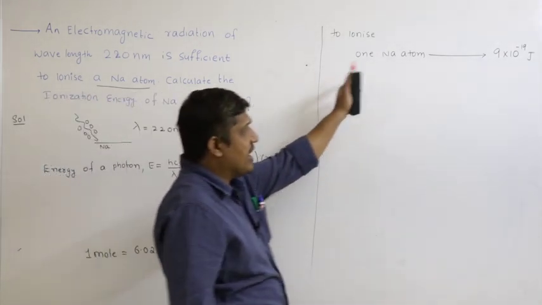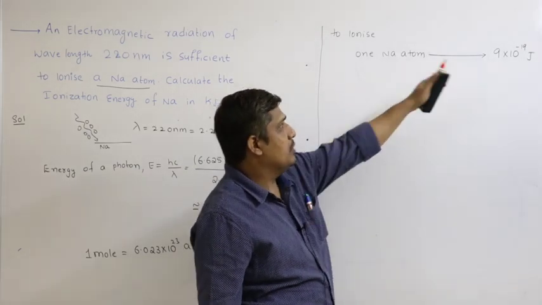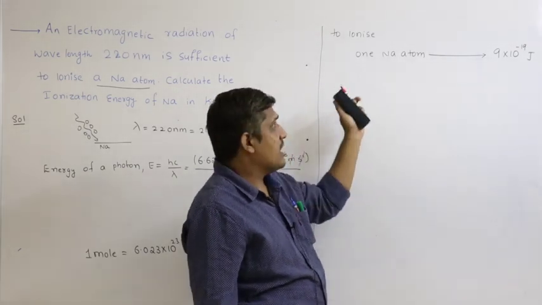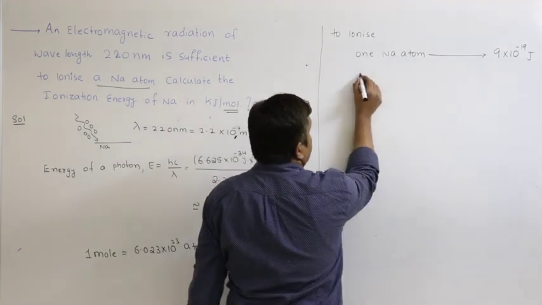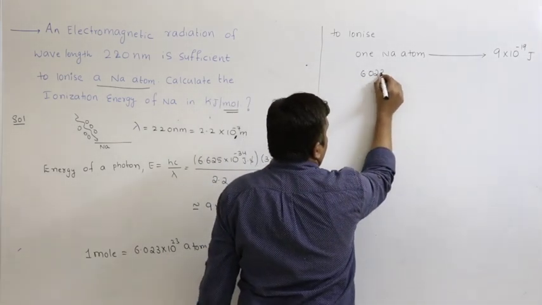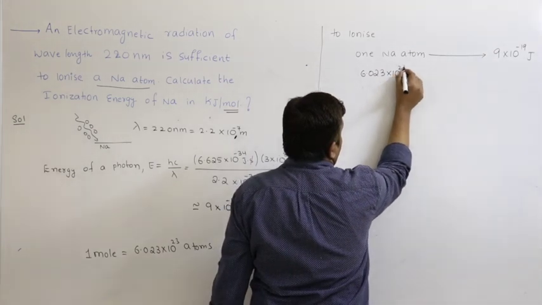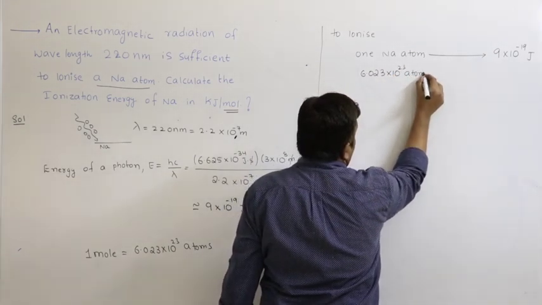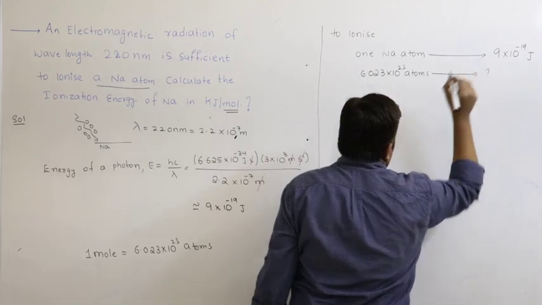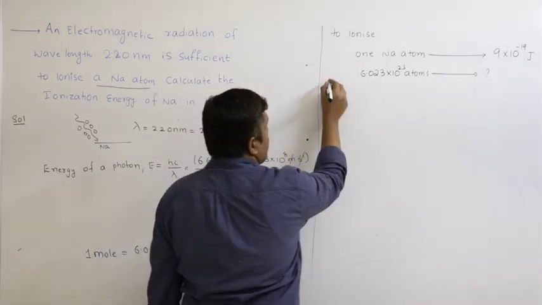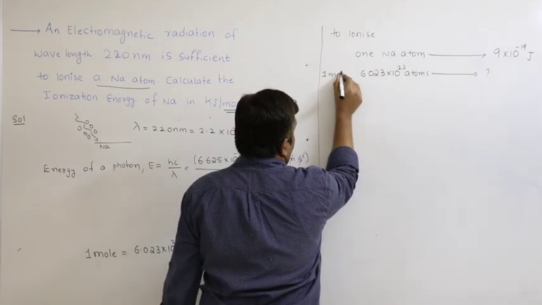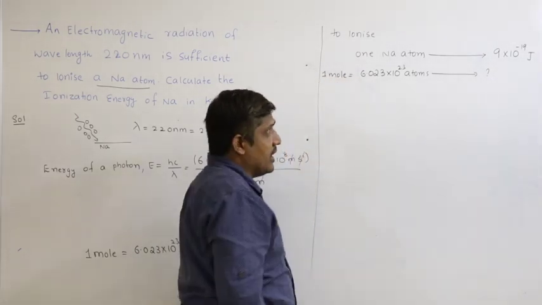So, this is for 1 atom. For 2 atoms it will be 2 into that value. For 3 atoms 3 into that value. For Avogadro number of atoms, whatever the value you get, we call it ionization energy, because 1 mole is nothing but Avogadro number of sodium atoms.